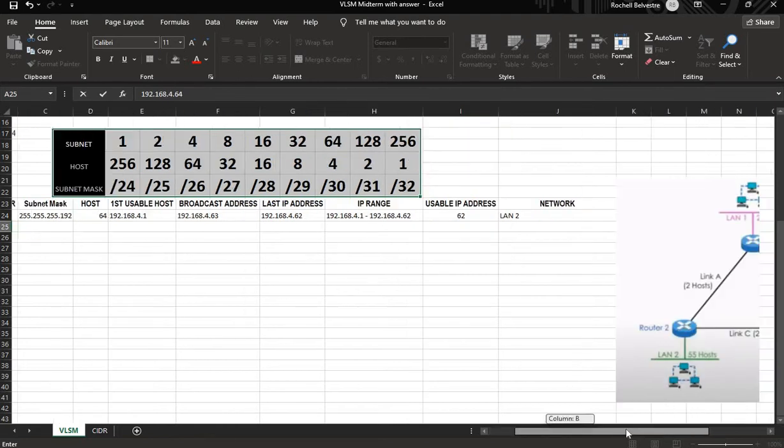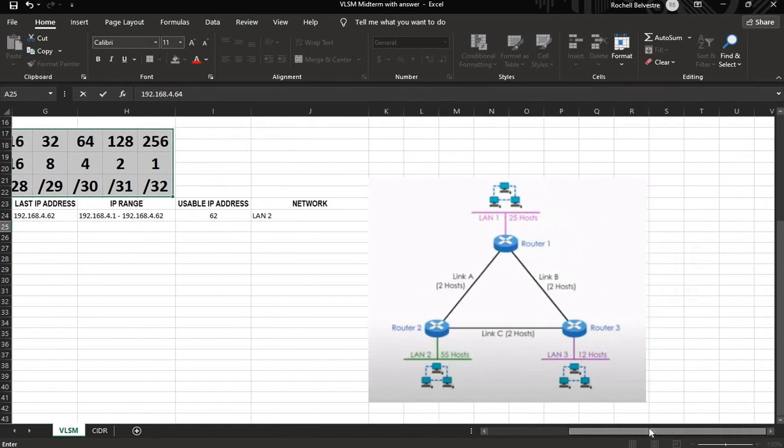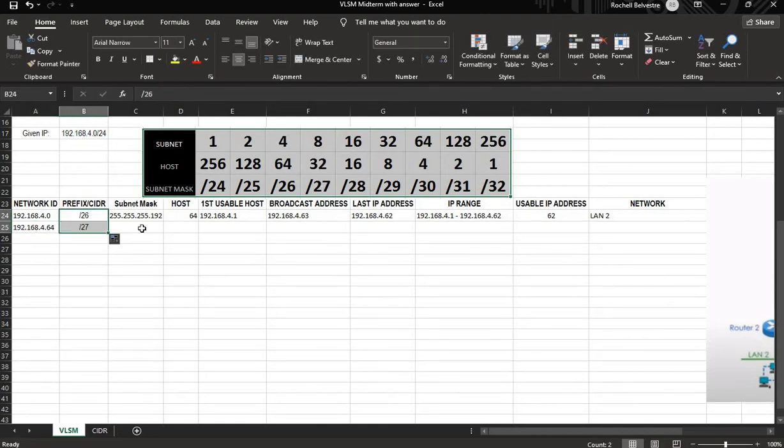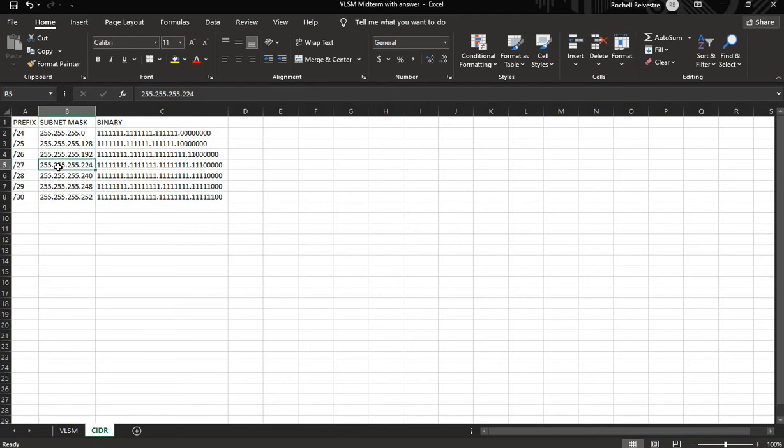The next given network requirement is 25 hosts, which is LAN 1. Right, so we need 25 hosts. We're going to find it here, and this falls under /27. The subnet mask under /27 is 255.255.255.224.